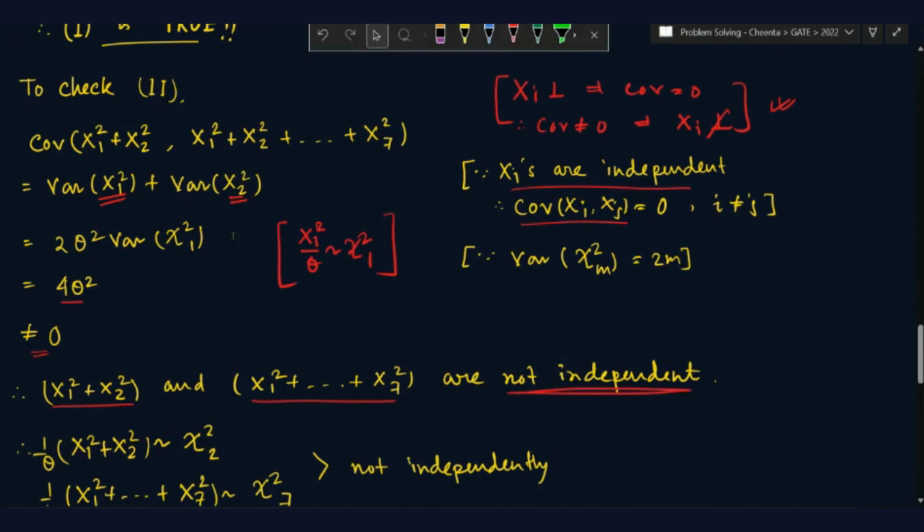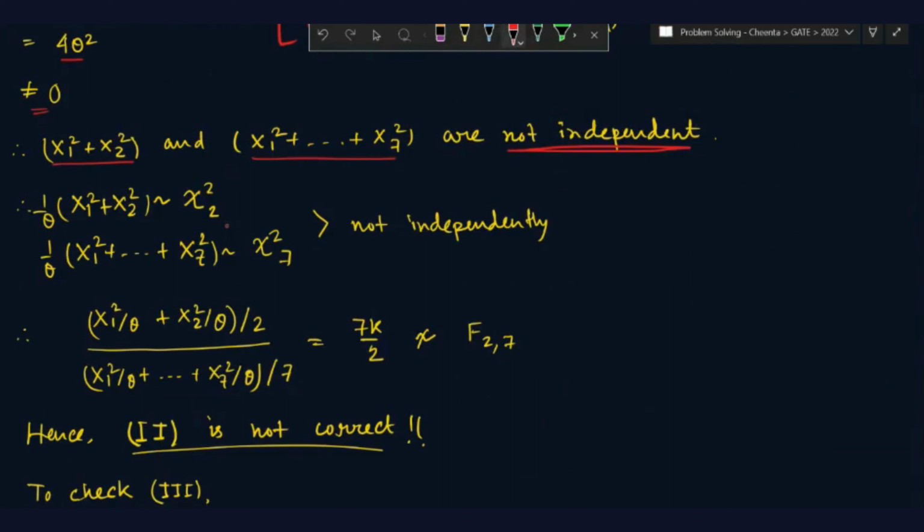Now the F statistic is defined by two independent chi-square variables, that is chi-square m1 by m1 divided by chi-square m2 by m2, which follows F m1 m2, where chi-square m1 and chi-square m2 are independent.